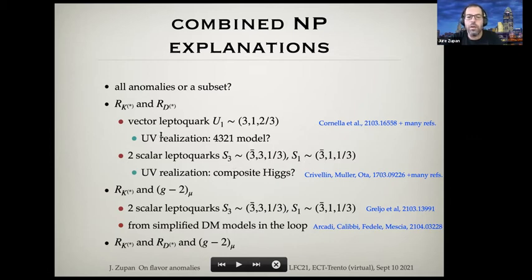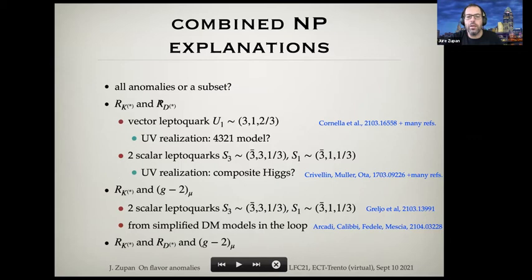So the UV realization for the first one, there's a gauge 4321 model that I'll say a few words about. The other one, this S3, S1, could be a son of composite Higgs.